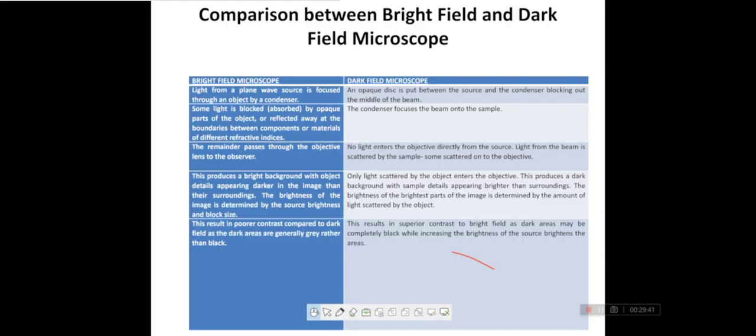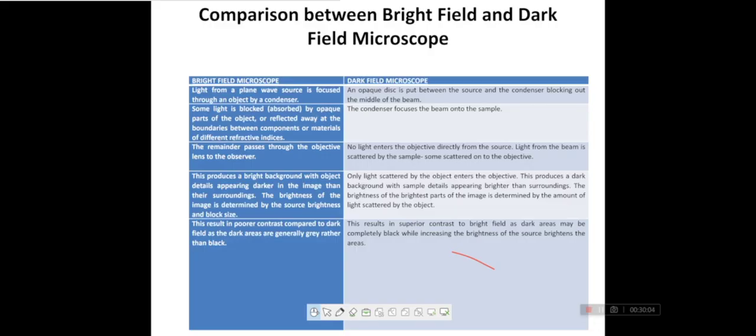In dark field, the main role is played by the condenser, and in bright field the main role is played by the staining technique. In dark field, the condenser focuses the beam onto the sample. In bright field, the remainder passes through the objective lens to the observer.